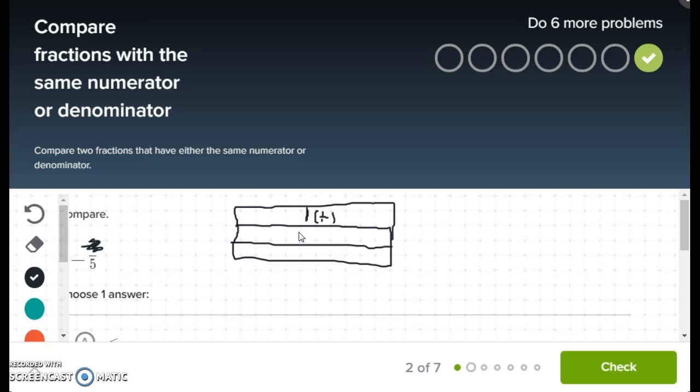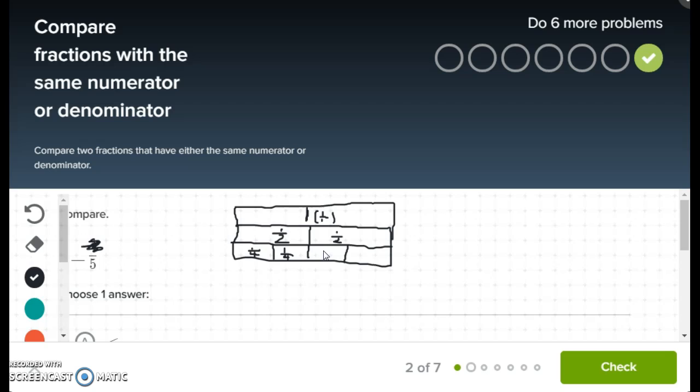So it's 1/1. We split this in half, so it's 1/2, 1/2, and then you split this into 4 parts. So now you have 1/4, 1/4.